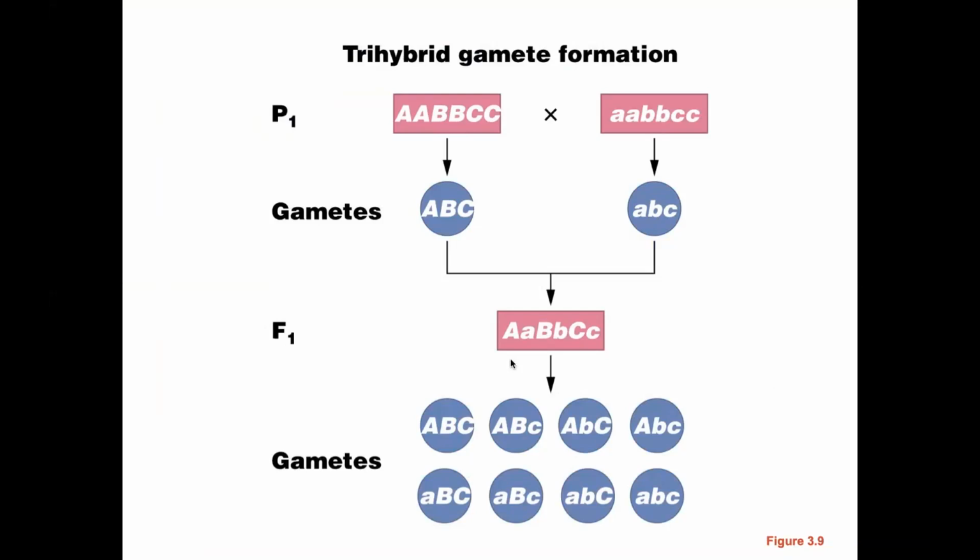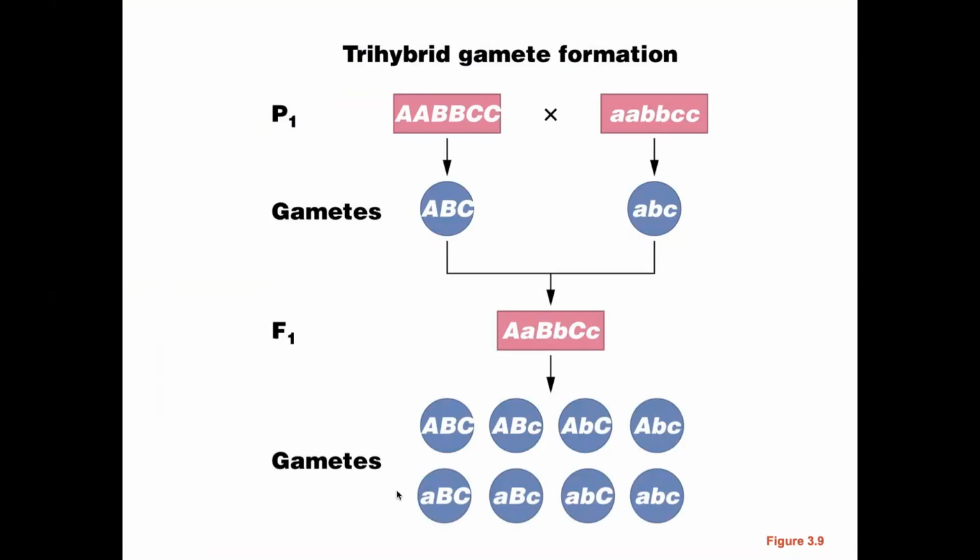Then you build your boxed array, and then you determine genotypic and phenotypic outcomes among the progeny. If you're heterozygous for three genes, assuming independent assortment, the Mendelian condition, you should be able to determine that these would be the 8 different gametic types that could result from a triply heterozygous individual.